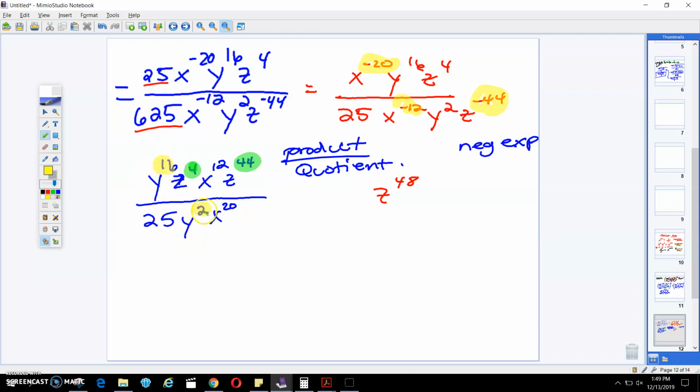So 16 minus 2 is going to give me y to the 14th power, and we're going to put that in the top. And the last piece is that we have this x to the 12th and x to the 20th. So 12 minus 20 is going to give me x to the negative 8th. And we're going to leave this 25 in the denominator.